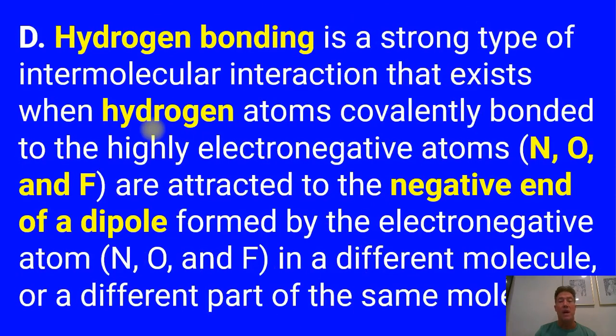A fourth kind of bonding is known as hydrogen bonding, and this is a species of dipole-dipole bonding that pertains to hydrogen.